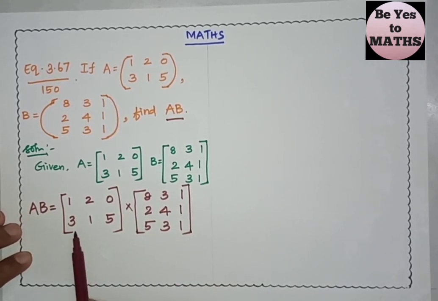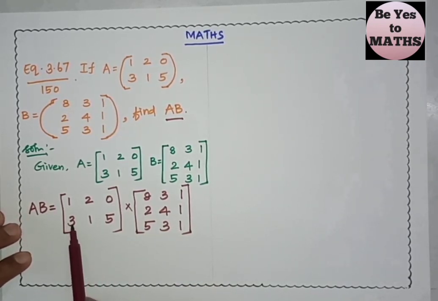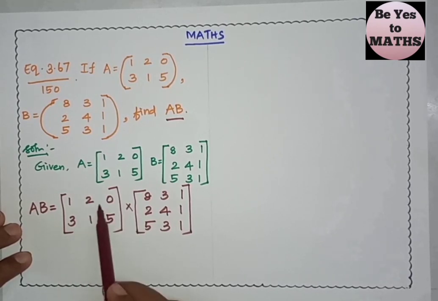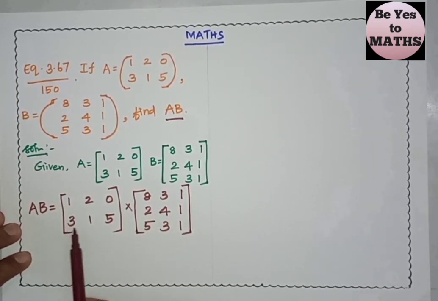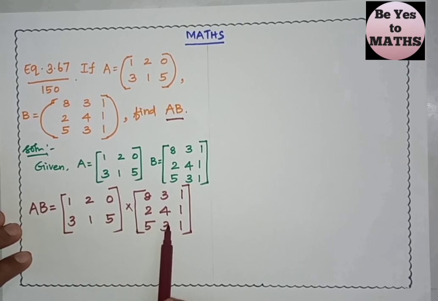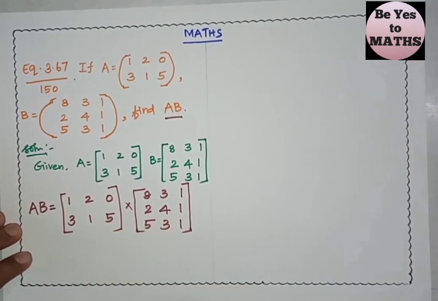Here you see the order of the first matrix is 2 by 3. The order of the second matrix is 3 by 3. The number of columns in the first matrix is equal to the number of rows in the second matrix. So it is possible to find out the product of these two matrices. Now we'll tell you how to multiply these two matrices.